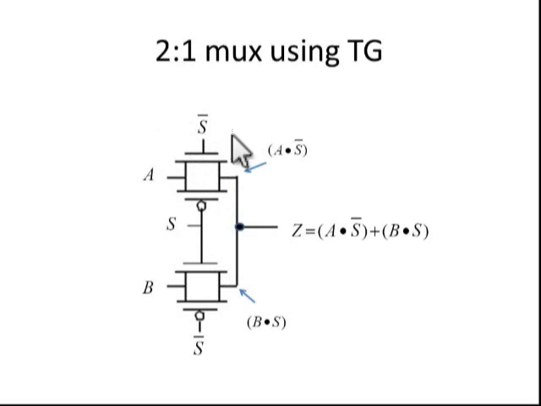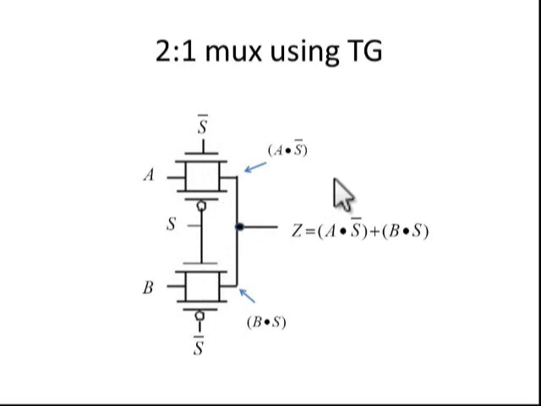S bar cannot be designed with the TG, so we have to use CMOS logic to design S bar. One CMOS inverter needs 2 transistors, one PMOS and one NMOS. And again, here we have 2 TGs. So totally I need only 6 transistors. So by using 6 transistors, I can design a 2:1 MUX.